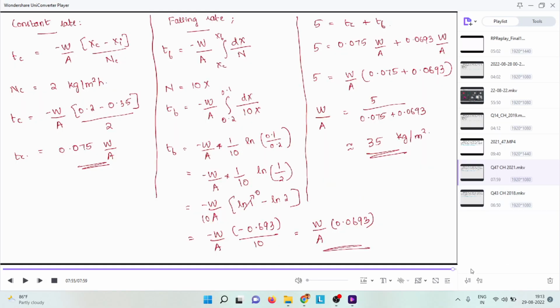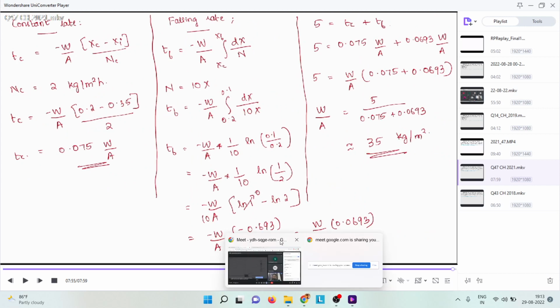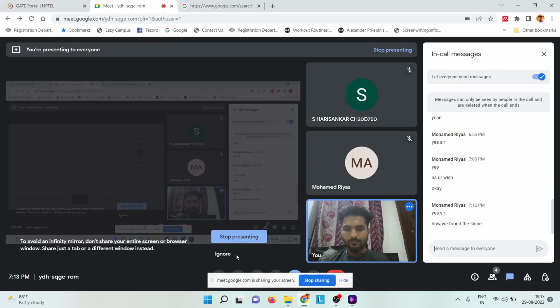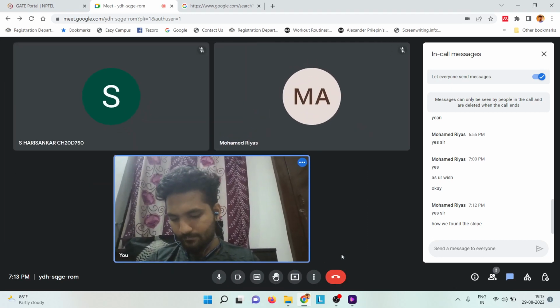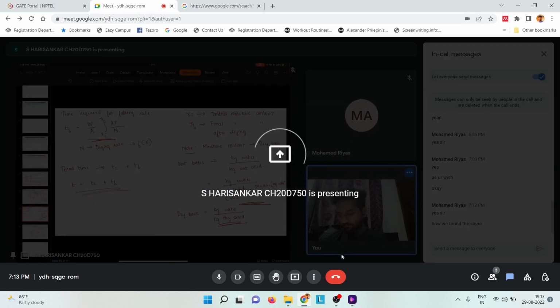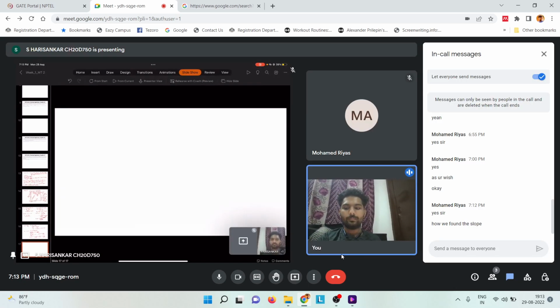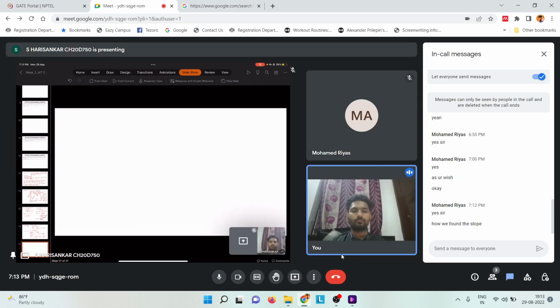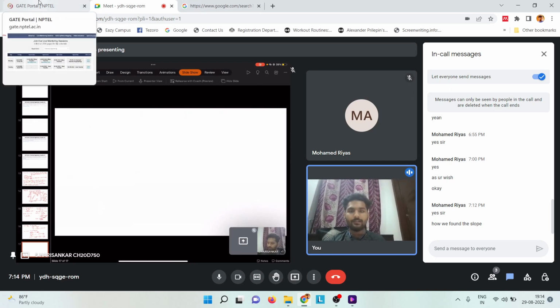Let me just switch the screens. So I'll just give you the basic concept of how to find slopes for these equations for any straight line.